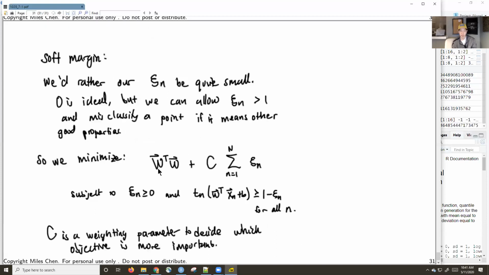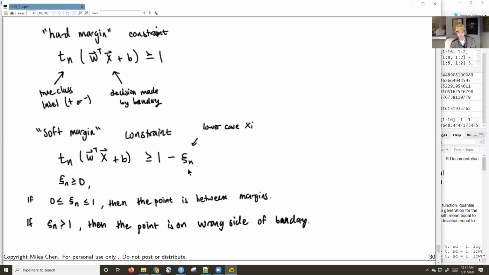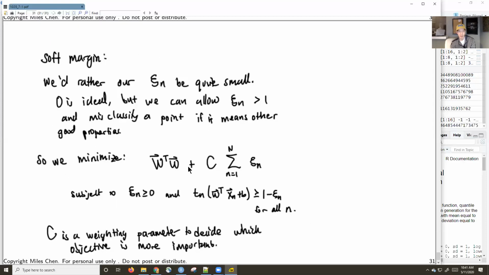Okay, and then when you try to apply this to the Lagrange multiplier, I apologize for my terrible handwriting here. We'd rather our xi's be quite small, right?